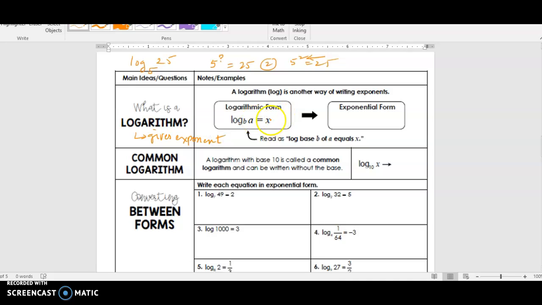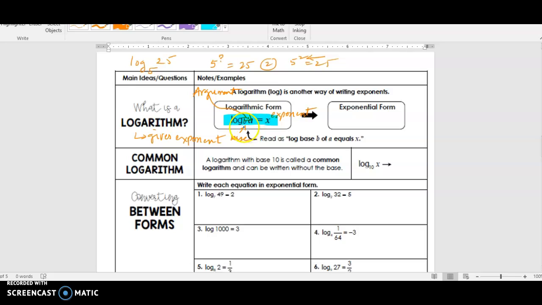So x is the exponent here, and a here is called the argument, and b is the base. B is the base, right? So the same thing can be actually written in the exponential form. So the logarithmic form is log base b of a equals x, fine, but how would you write the same thing in an exponential form?